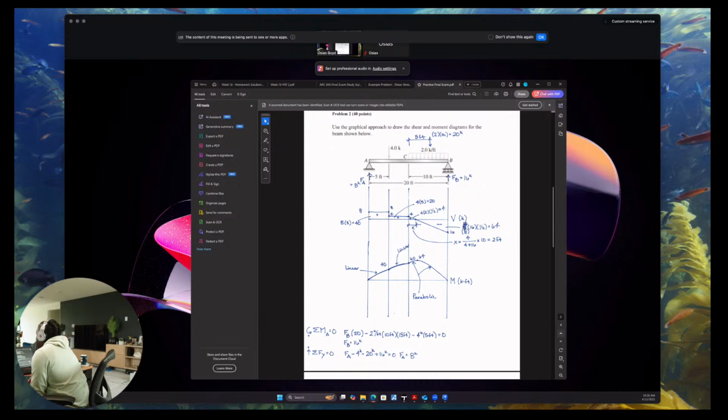So between 0 and 5 feet, we have 8 kips.